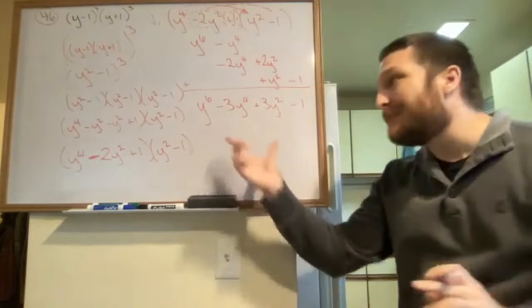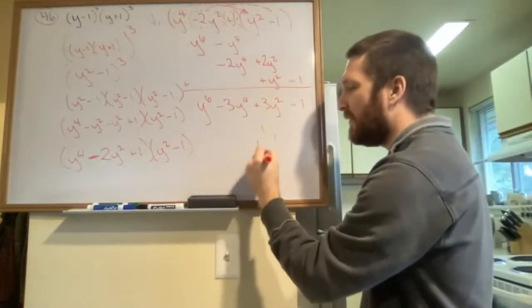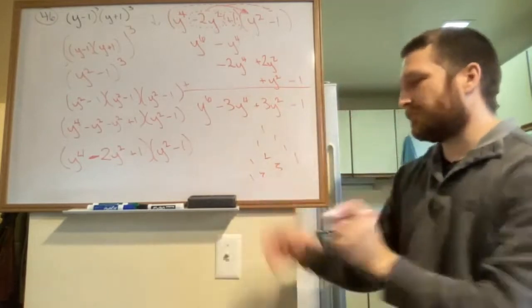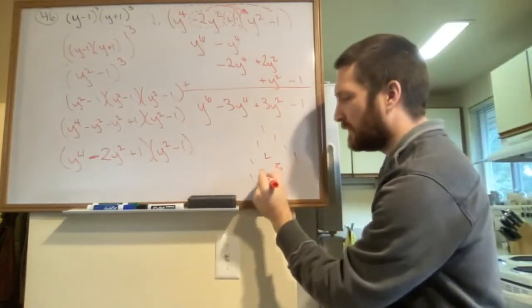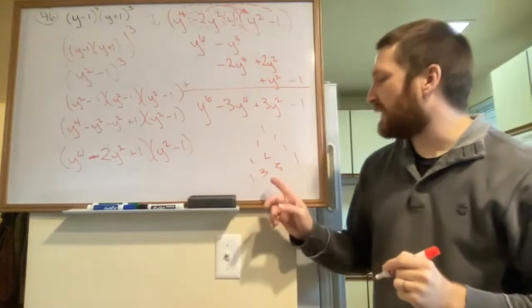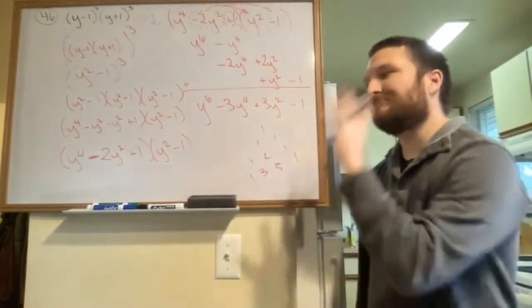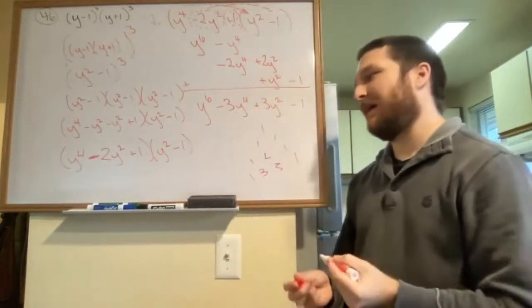We get the same thing if we had done this one, although that's supposed to be a 3. That was ugly. That looked Greek. We end up with the same coefficients, but that could be confusing.